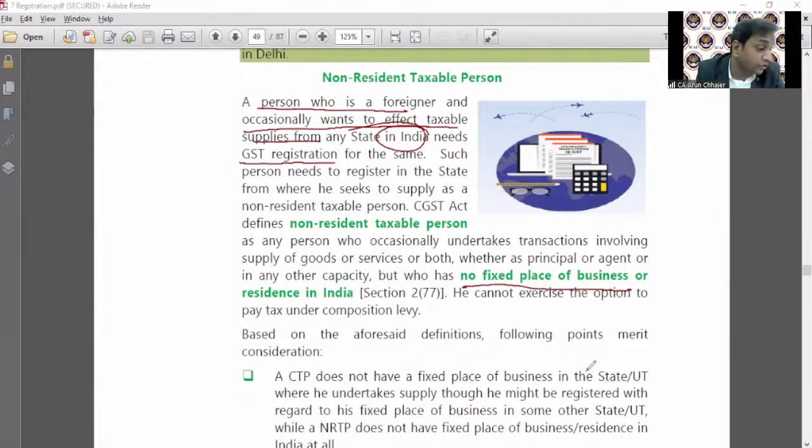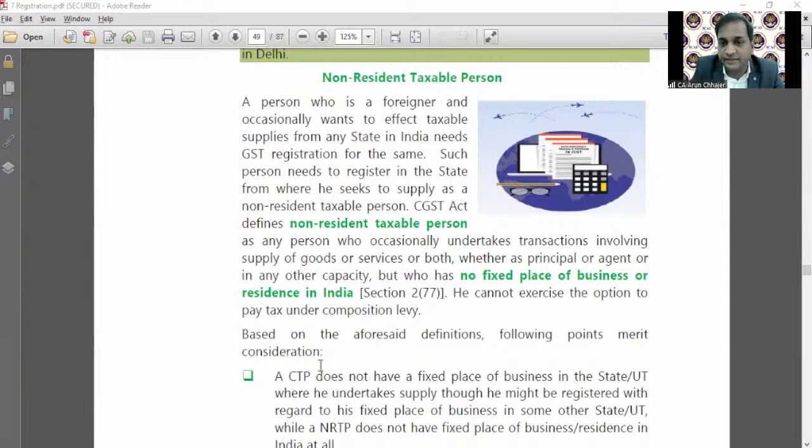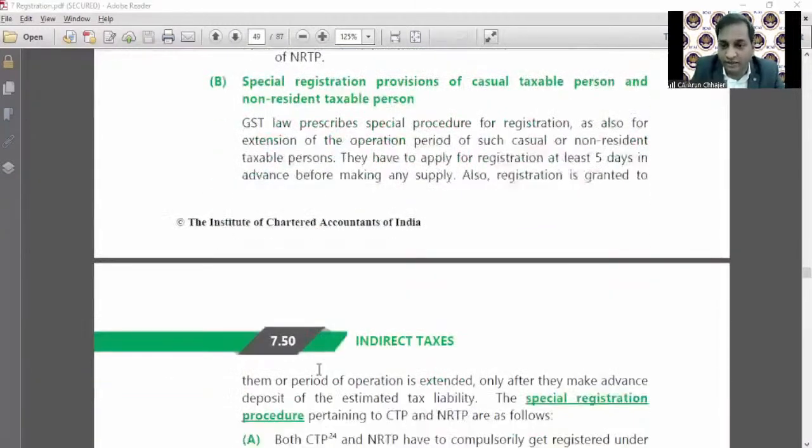Then he can go for the non-resident taxable person category. Certain points: the casual taxable person and NRTP both do not have a fixed place of business. Second point, they have to make an application 5 days in advance before the start of the business.